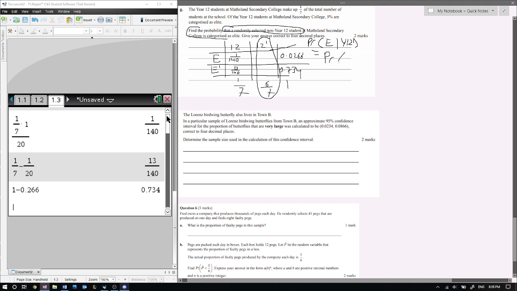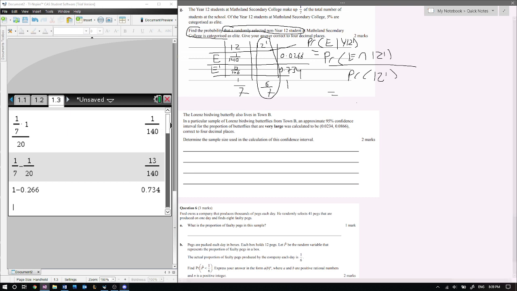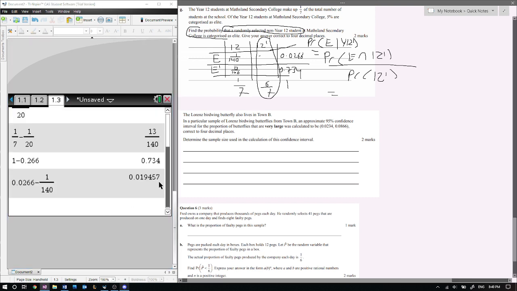So we know that that is equal to Pr(E and not 12) over Pr(not 12). And that's just because we've done our table. Let me finish filling this out. That is equal to 0.01945. So we don't need this because we've already got what we want in our question.